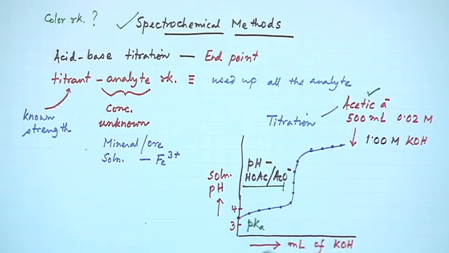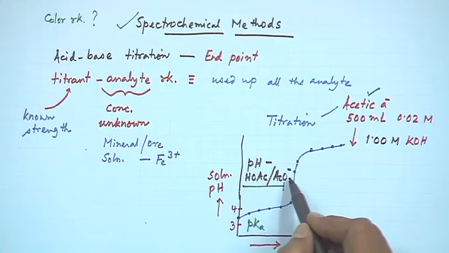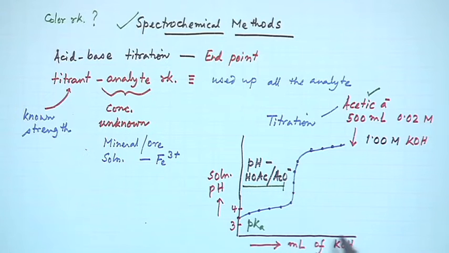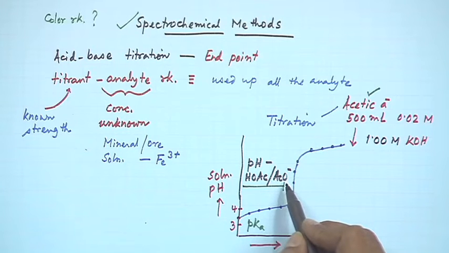We know the pK value of the acetic acid, and we know the corresponding concentrations of the acetic acid and the acetate ion, because after addition of the KOH we will be producing a certain concentration of the acetate ion in the solution.